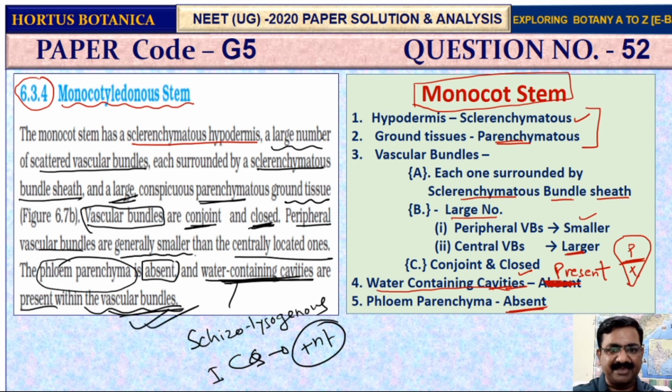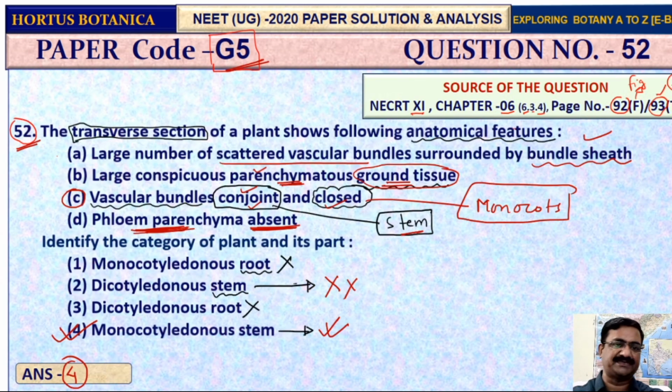These are the main points, and these have been put in your question options: a large number of vascular bundles surrounded by the bundle sheath, large conspicuous parenchymatous ground tissue, vascular bundles conjoint and closed, phloem parenchyma absent. These all are from your NCERT line by line.